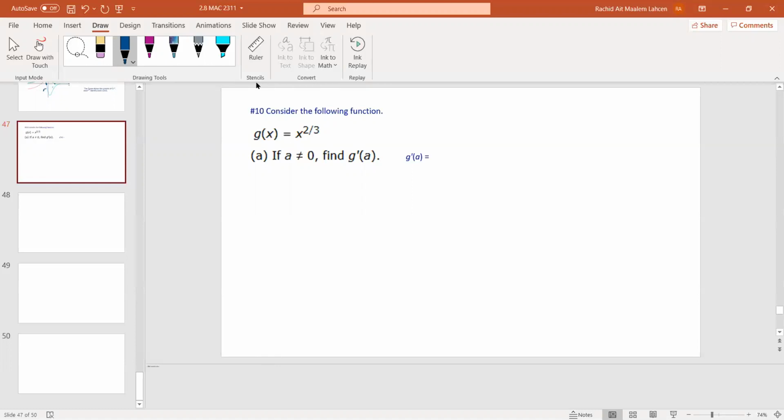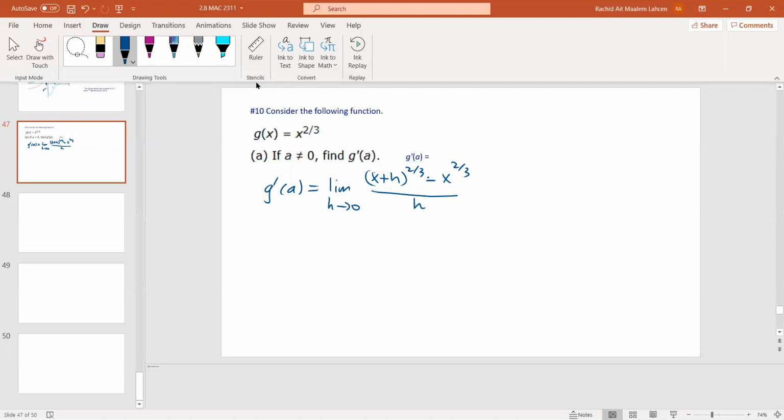If we want to use that here, with h approaching 0, you're going to get (x plus h)^(2/3) minus x^(2/3), over h.